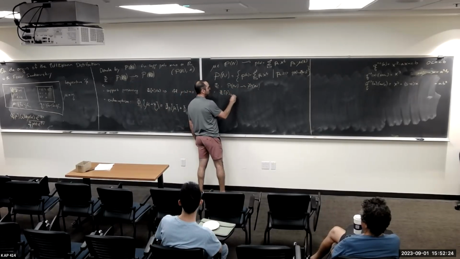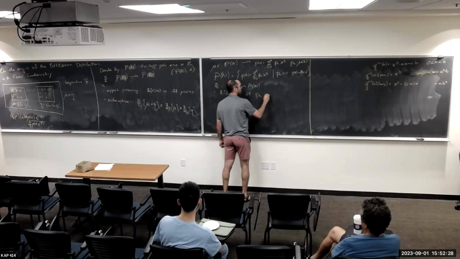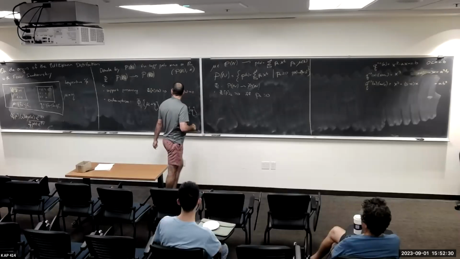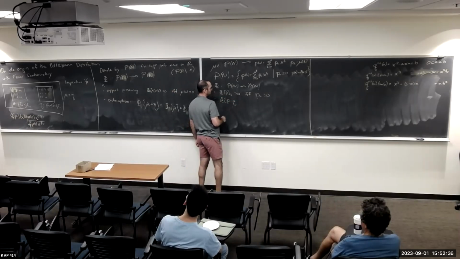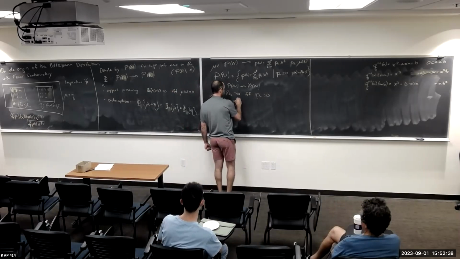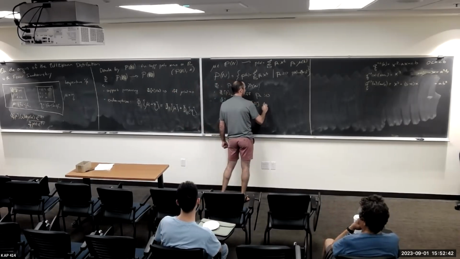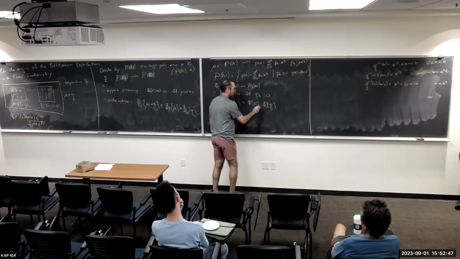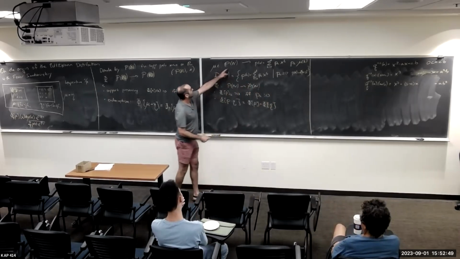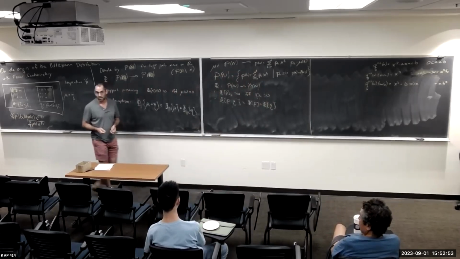The kth coefficient is greater than 0 if and only if the kth coefficient of p is greater than 0. Convolution now just turns into multiplication. Phi of the product of two polynomials, p times q, is equal to phi of p times phi of q, because when you go from distributions to polynomials, convolution just turns into multiplication of the polynomials.